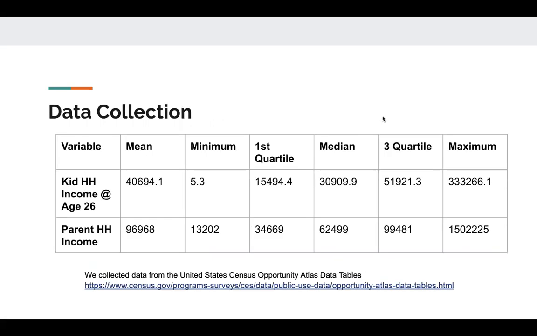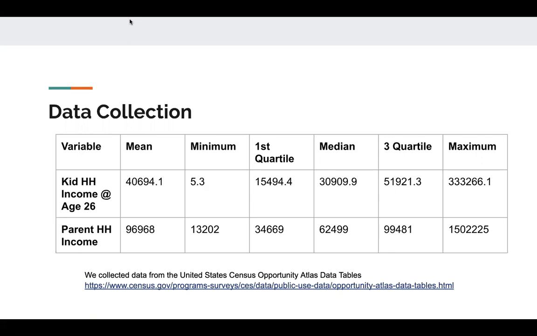We collected data from the United States Census Opportunity Atlas data tables. Here's the table of our summary statistics for the kid household income at age 26 and the parent household income. A few interesting things we noticed in the data summaries is that for both the kid and the parents, there's a huge disparity between the median and mean incomes.